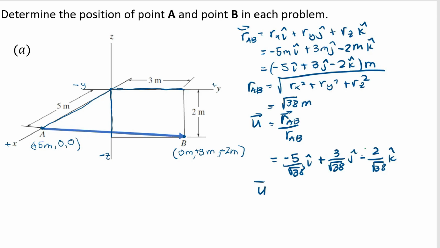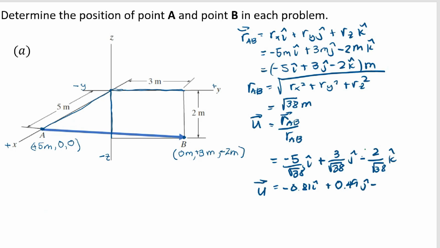Since this is the final answer, we will come up with a 2 decimal answer: negative 0.81 i hat plus 0.49 j hat minus 0.38 k hat. Now this is the unit vector, this is the magnitude, and this is the position vector for letter A.